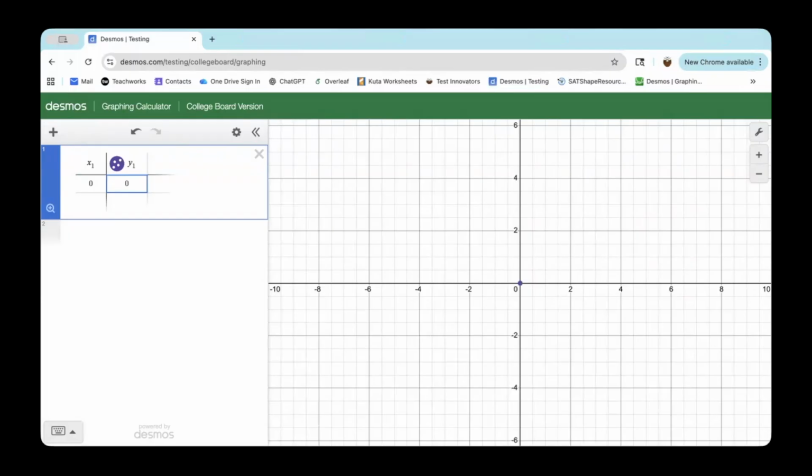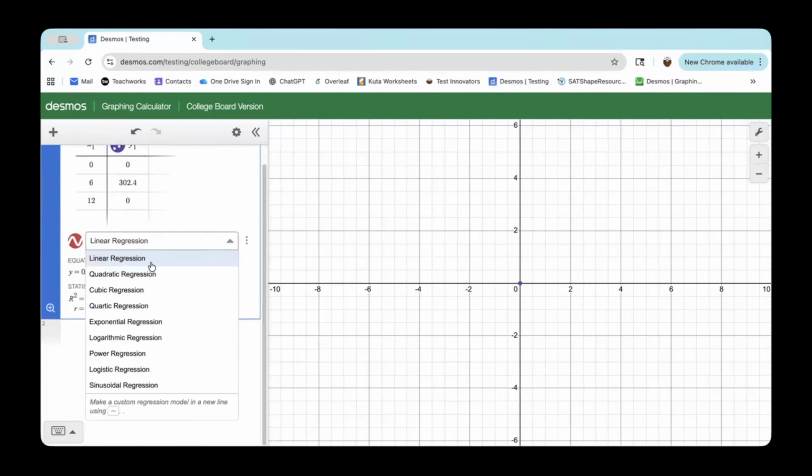So 0, 0, 6, 302.4, and 12, 0. And then you hit this up here on the left, you do add regression, but change it. The default will be linear, so change it to quadratic.